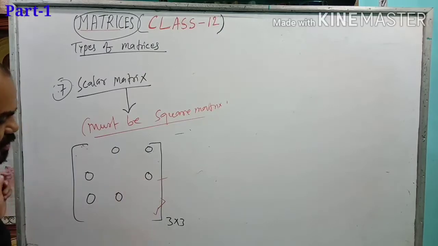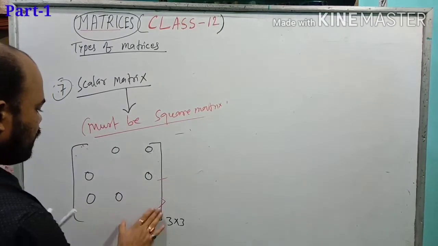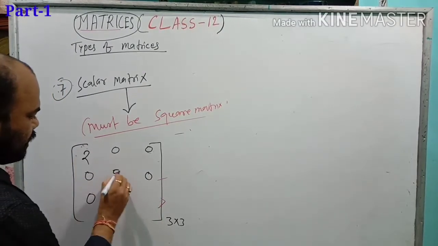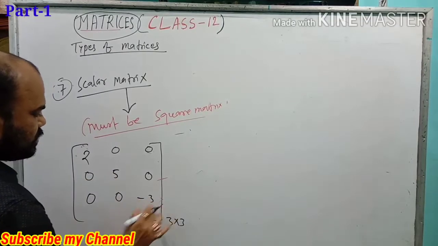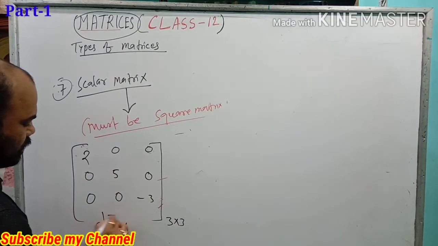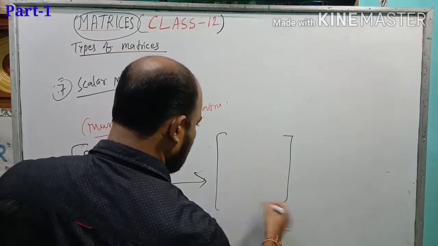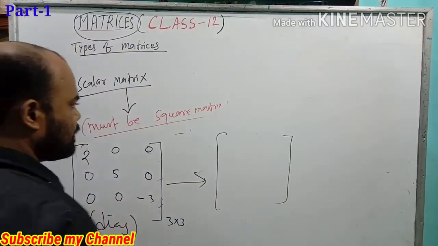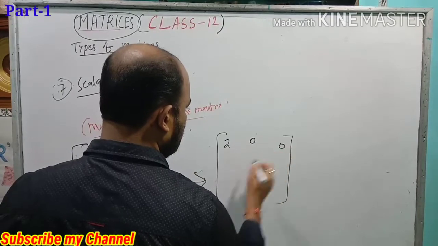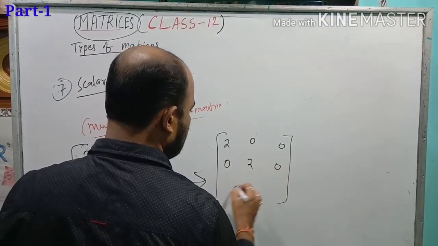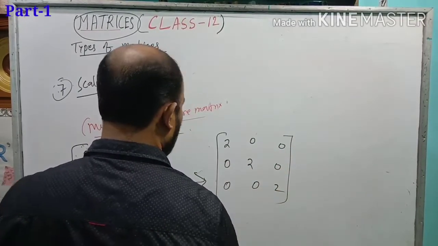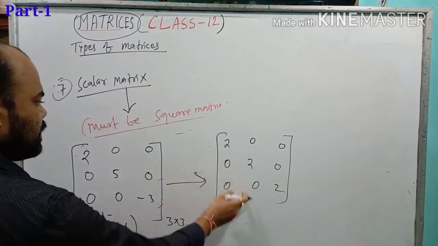Now see the difference between a diagonal matrix and a scalar matrix. 2, 5, minus 3: this was the diagonal matrix. Now you can consider a diagonal matrix like this: 2, 0, 0, 0, 2, 0, 0, 0, 2. So what is the difference between these two matrices?